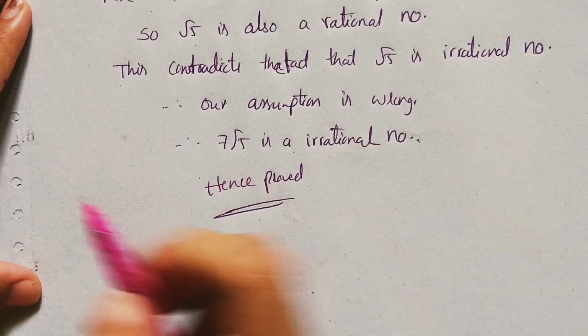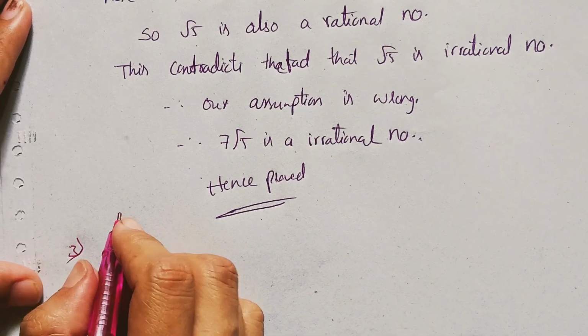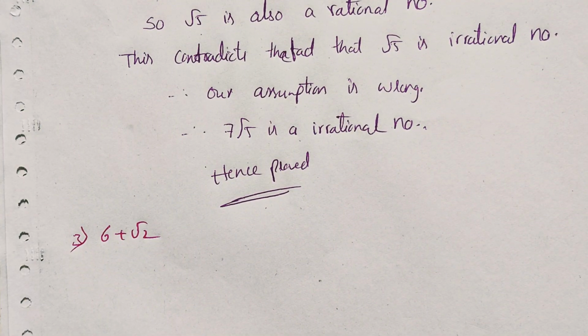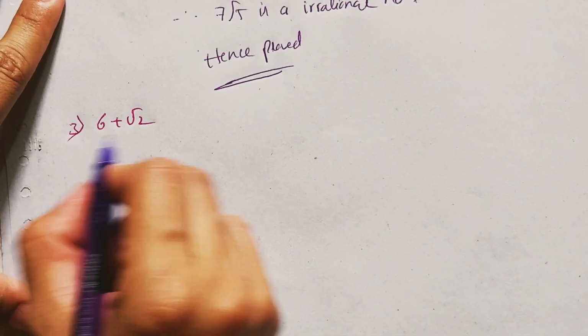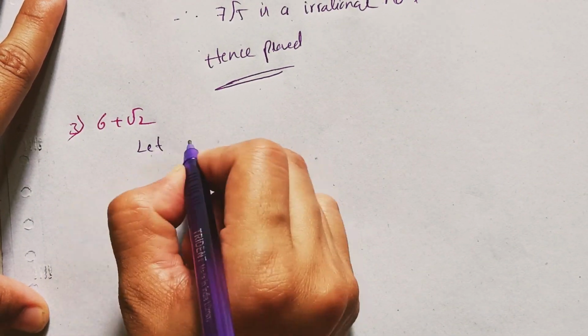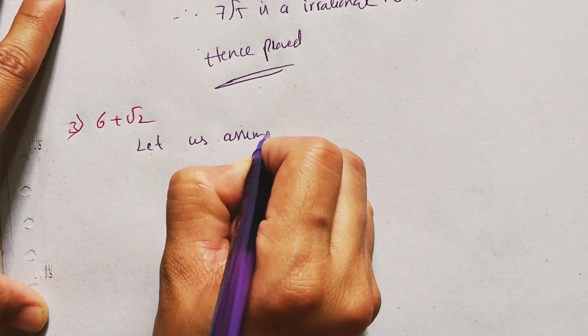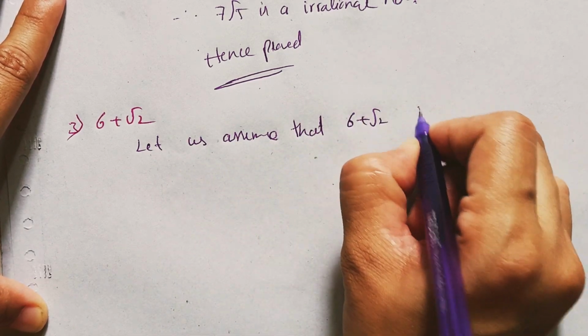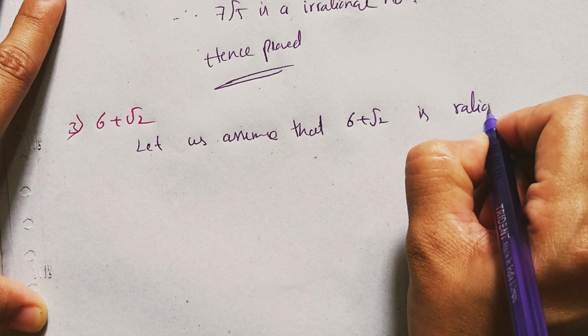Now we'll see the last one, which is 6 plus root 2. Here also we assume that 6 plus root 2 is a rational number.